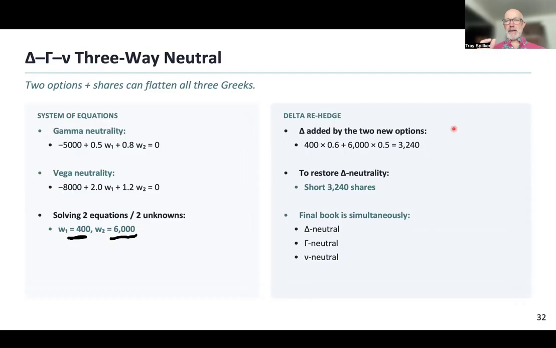Now we have to take this combined portfolio, because we just bought two options with positive delta exposure, and calculate the delta that's added by these two new options. So 400 of option one times its delta plus 6,000 of option two times its delta gives us a positive delta exposure of 3,240. In order to restore our delta neutrality, we just need to short that number of shares. So finally, now we're delta, vega, and gamma neutral, and that's the objective here.